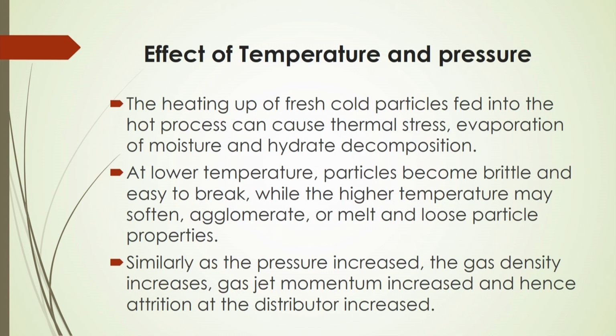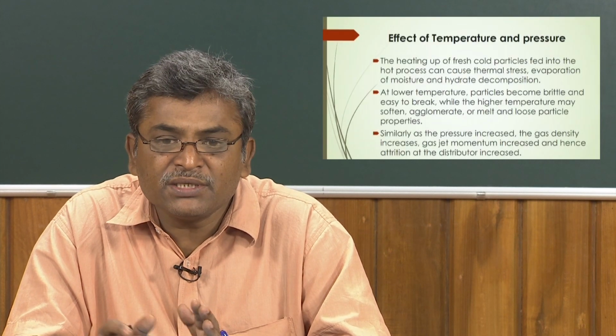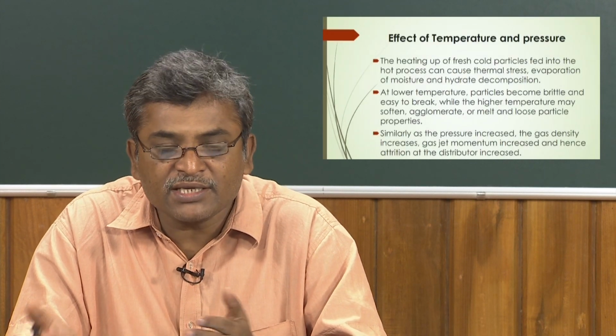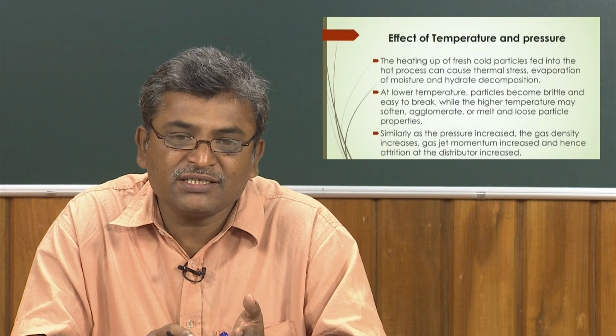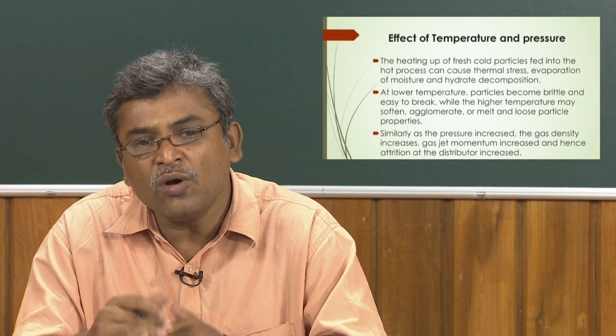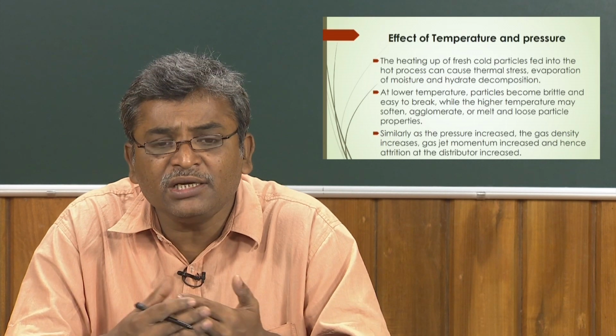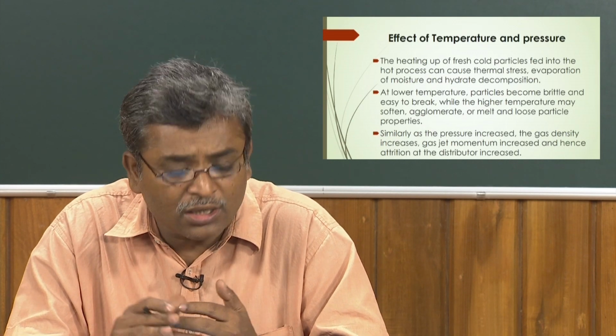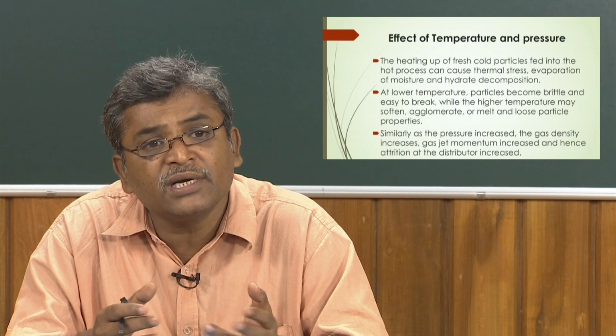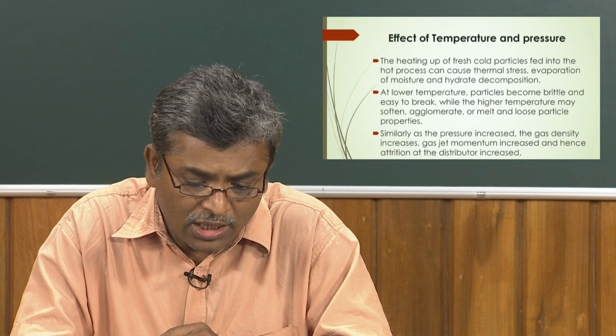Similarly, as the pressure increases, the gas density increases, gas jet momentum increases, and hence attrition at the distributor increases. So, pressure increased means density increased, attrition increased, whereas temperature increased, gas density decreased, attrition decreases. So, at a certain temperature and pressure, what should be the effective attrition rate? As per the model, you have to consider the pressure as well as the temperature effect.